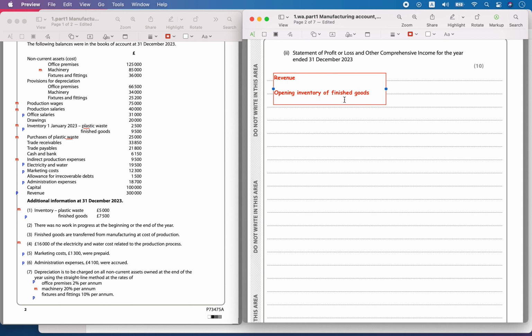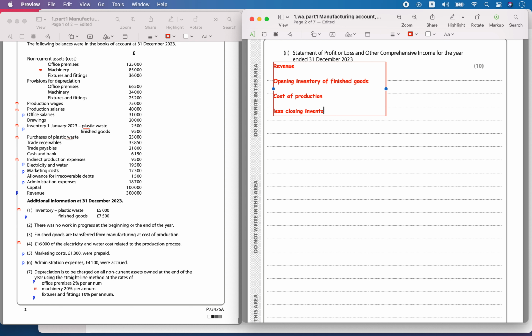Then you are going to write cost of production, you will have to add this, and then you will have to subtract any closing inventory of finished goods.